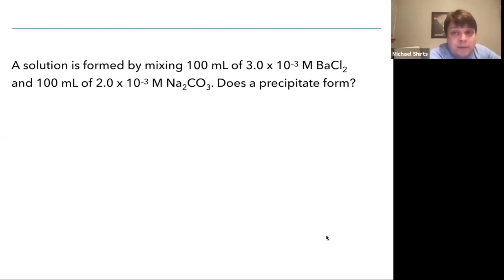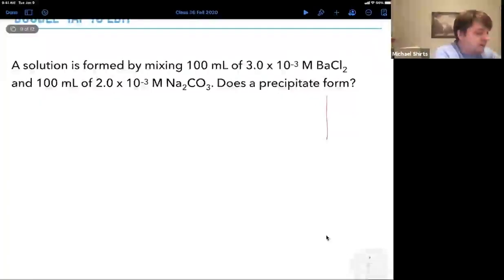So first, we need to go back to predicting precipitation reactions. What are the rules? Well, let's make our little chart here. This is not an ICE table. This is just a chart looking at the four possibilities. So we've got barium 2 plus, we've got sodium, we've got chloride, and we've got carbonate.